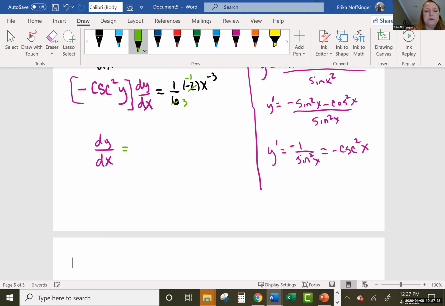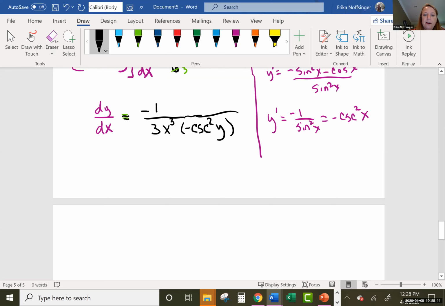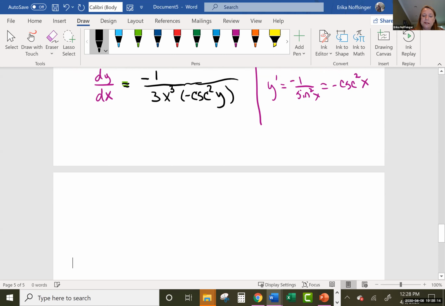So this will be equal to -1 all over 3, x cubed is coming down to the denominator, and we just divided by this negative cosecant squared y. Okay, so I noticed too that I had 2 negatives. That's going to end up becoming positive. And I'm almost done. I need to figure out what cosecant squared y is.